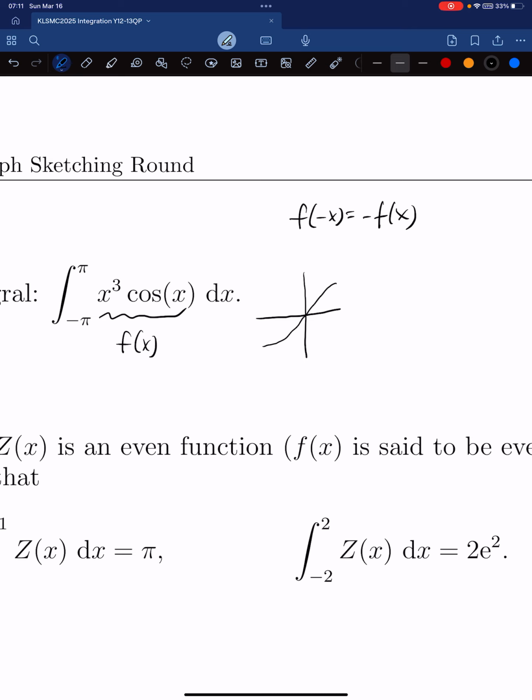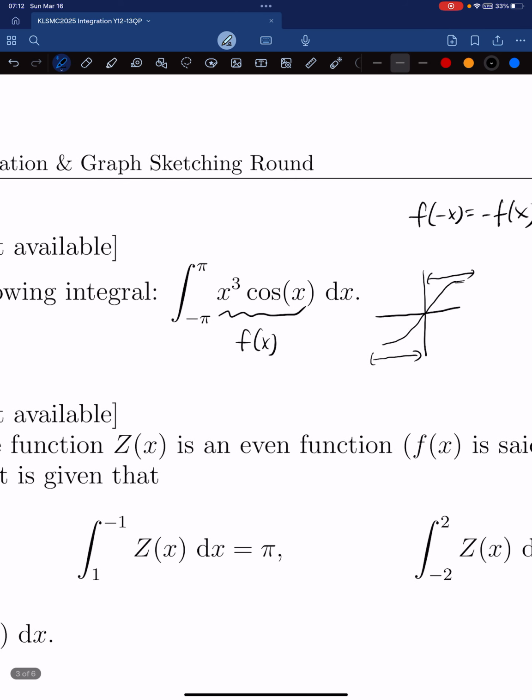The negative x part is just an inverted copy of the positive part about the x-axis. If we decompose this function, we call x cubed h of x and cosine x g of x, so our function is f of x equals h of x times g of x.